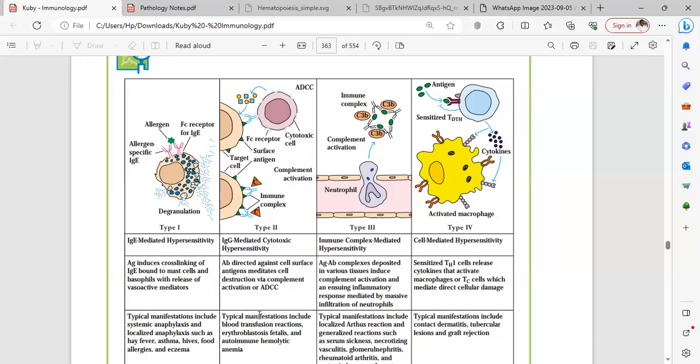So we have preformed antibodies against preformed antigens. In a reaction, they form a complex, and the complex activates the complement system. When the complement system is activated, it will lead to the destruction of those cells.